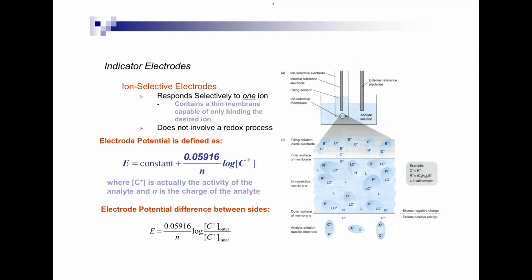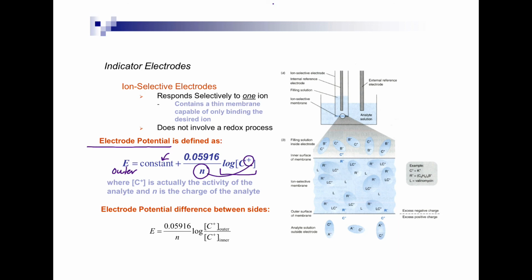Okay, so where the numbers come into play here, if we want to find the electrode potential for just say the outer, we would have to know the constant plus the change in potential due to concentration. Now this N is the number of electrons that's equal to the charge that's on the cation.